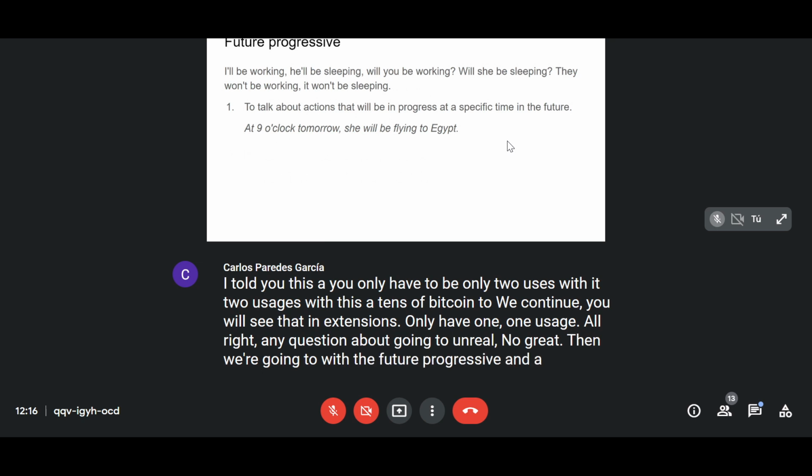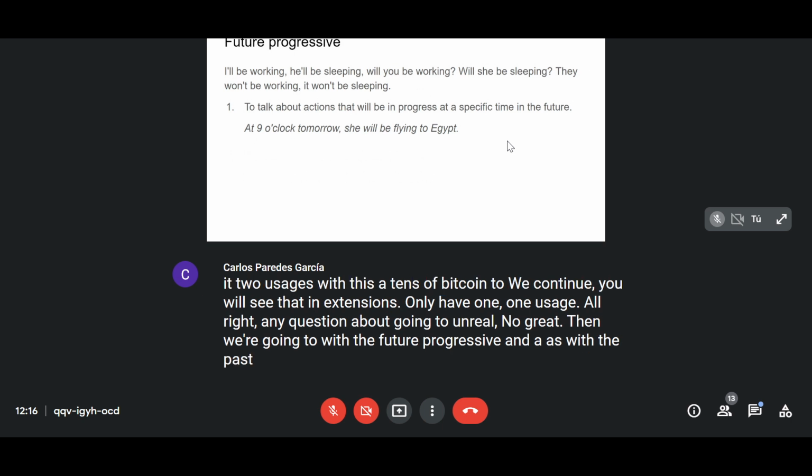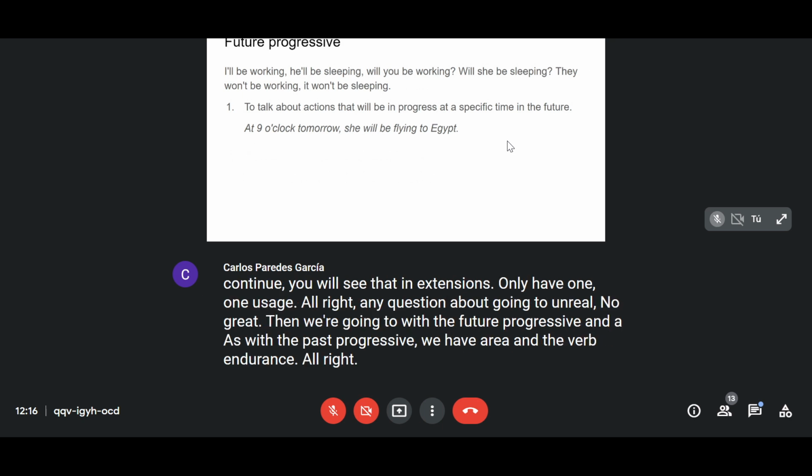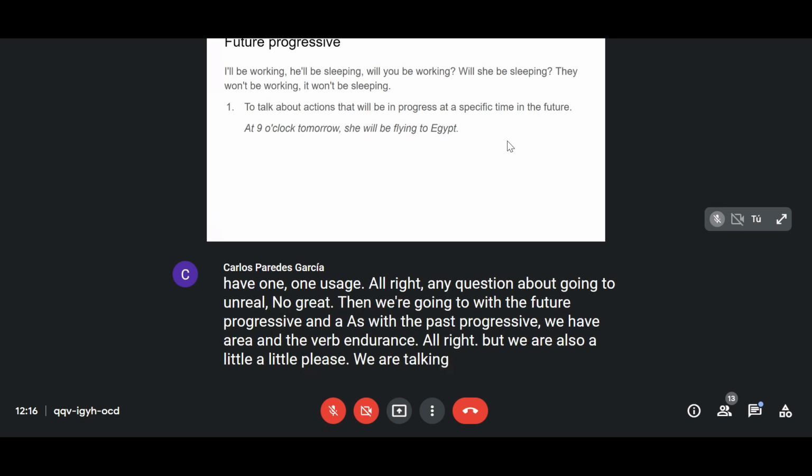as with the past progressive, we have the auxiliary and the verb in gerund. All right. But we also add a little twist. We add the auxiliary of the future, will.